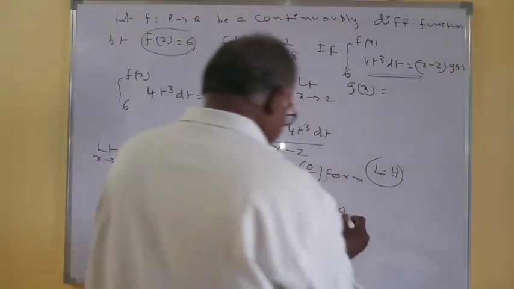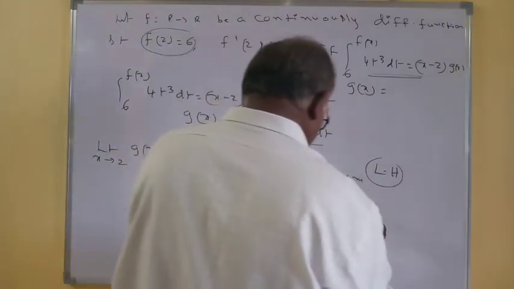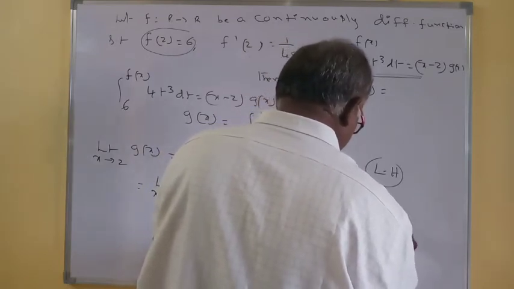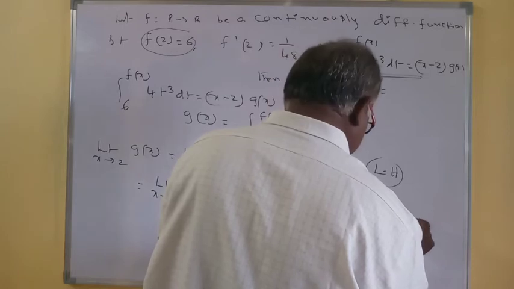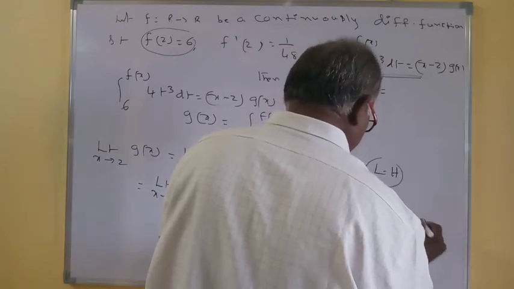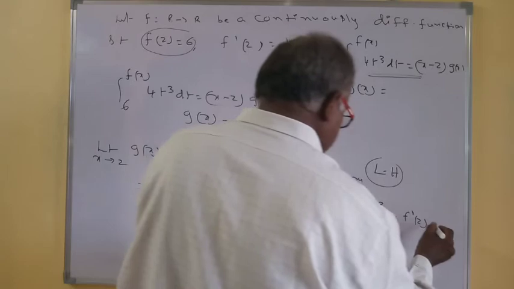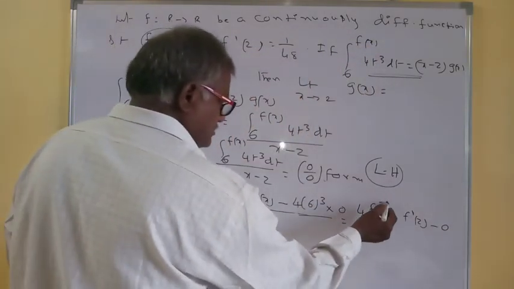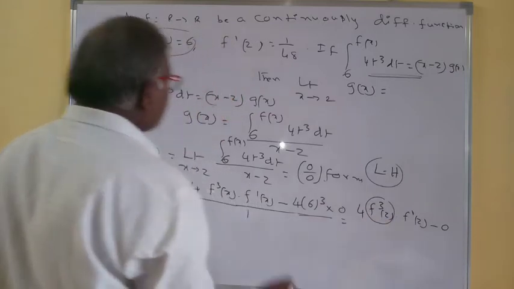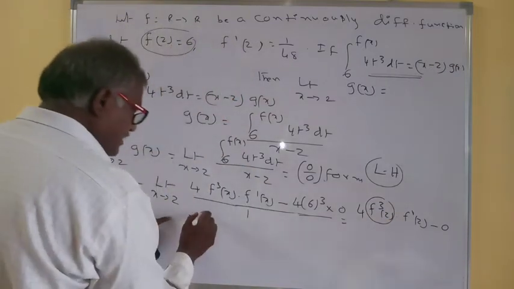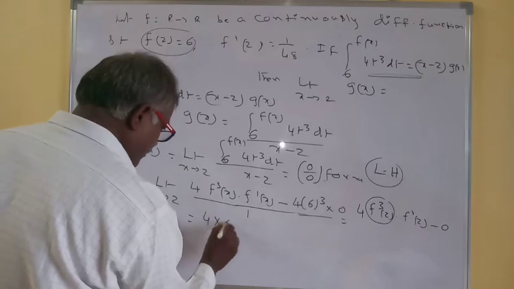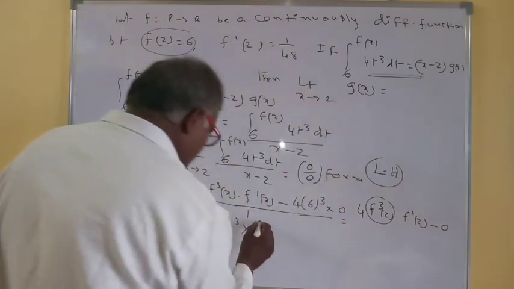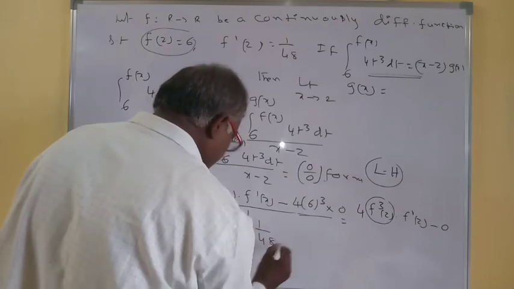Now directly substitute. We get 4 into f cube 2 and f dash 2, minus 0. So it is 4 into 6 cube into f dash 2. f dash 2 is given as 1 by 48.